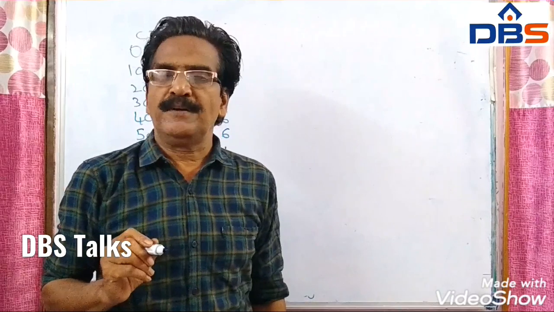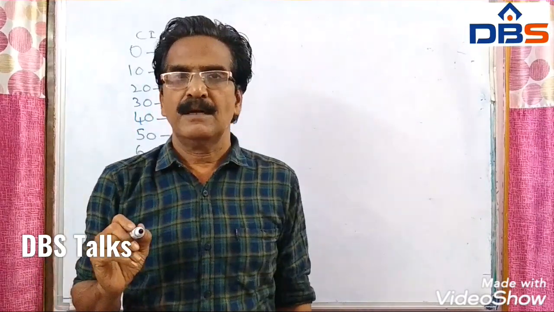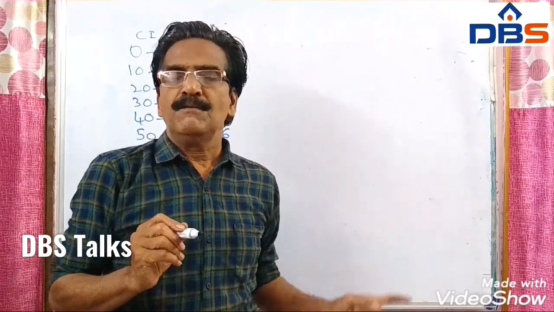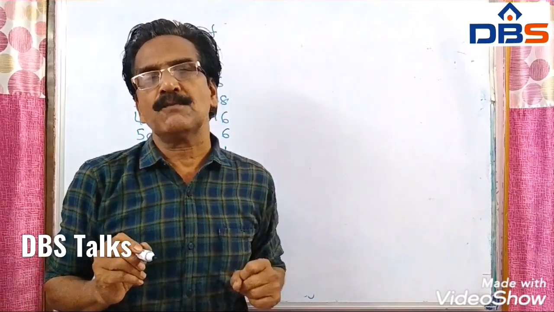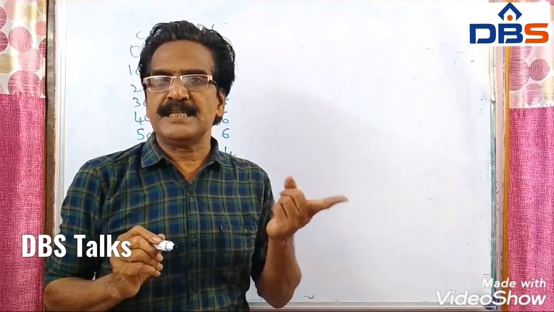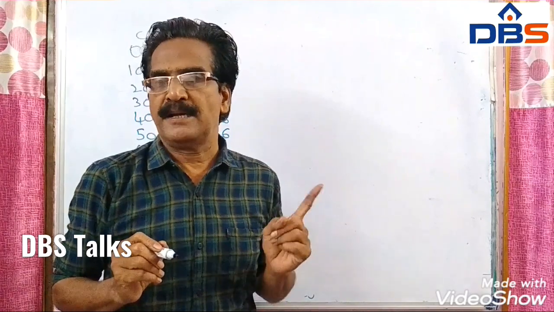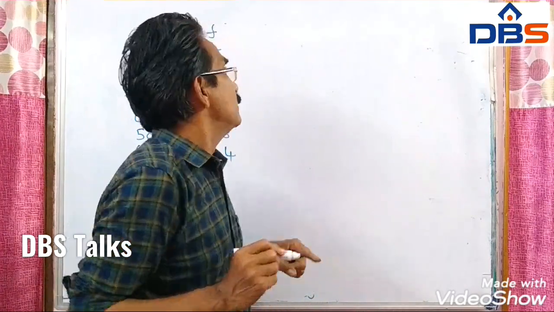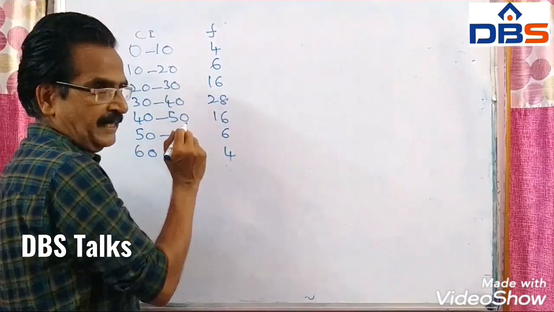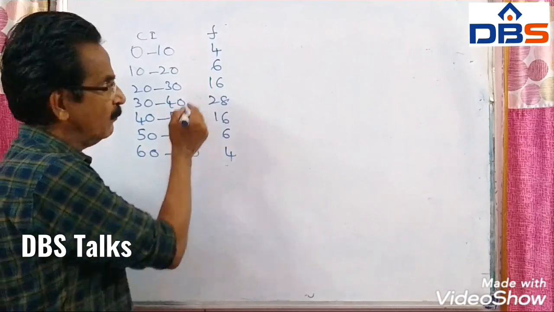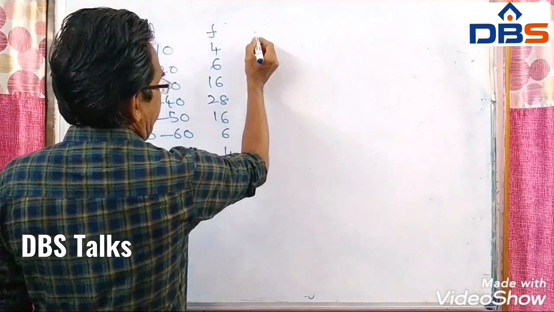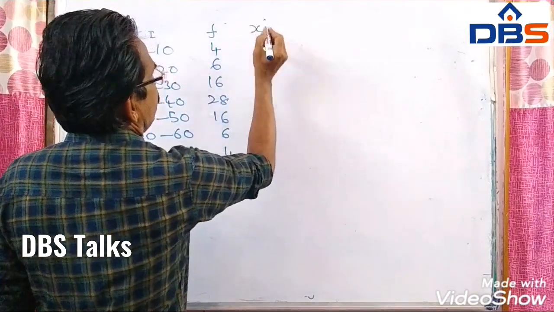So first we have to find the mean. For grouped data, mean is equal to sigma fx by sigma f. These two things are given in the table. First find the x values, friends.